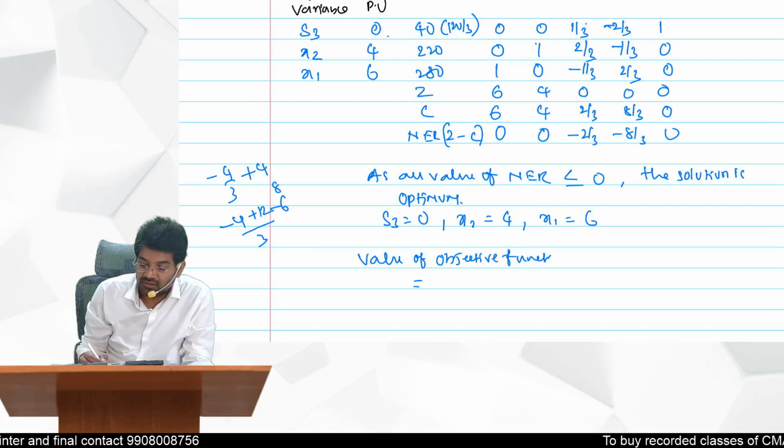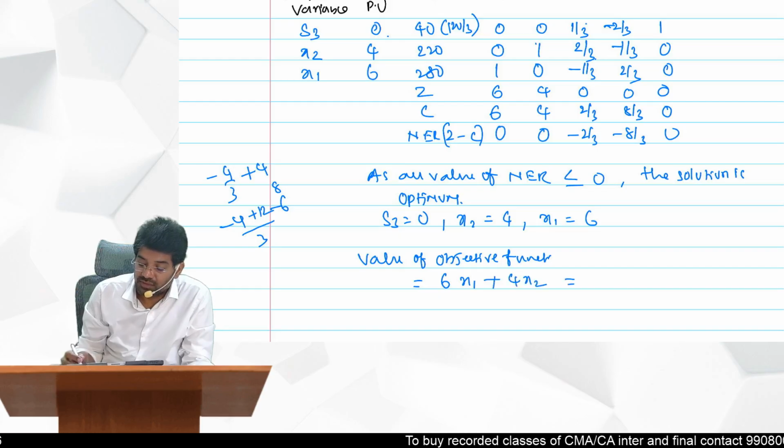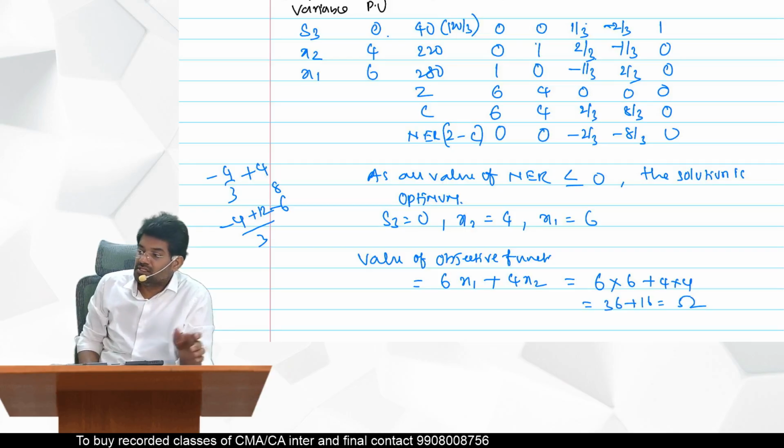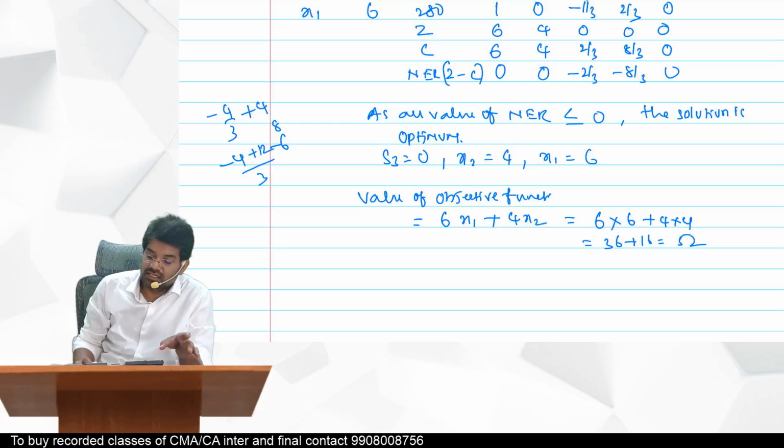It is 6x1 plus 4x2. We substitute 6 into 6 plus 4 into 4, 36 plus 16, so 52. That is the answer.